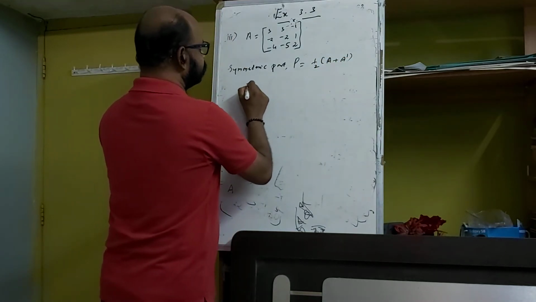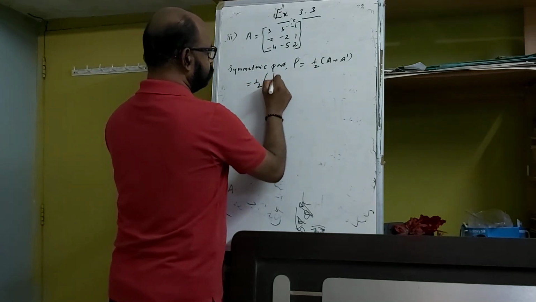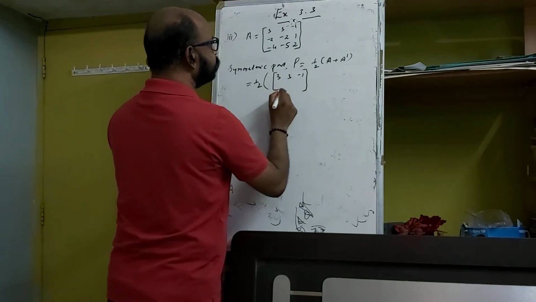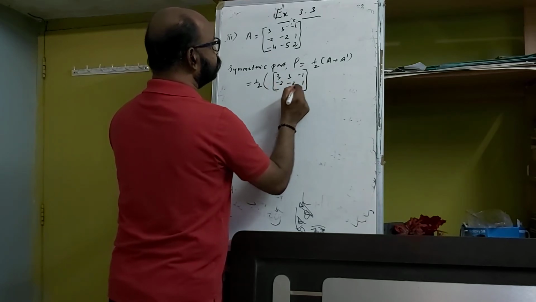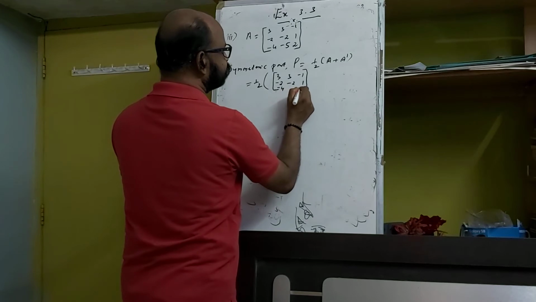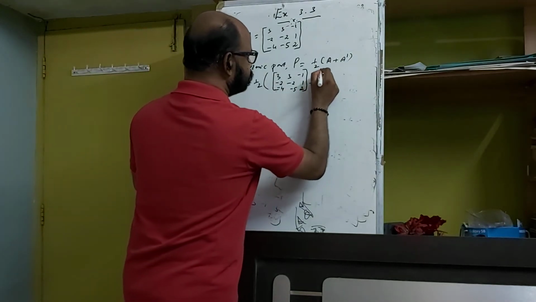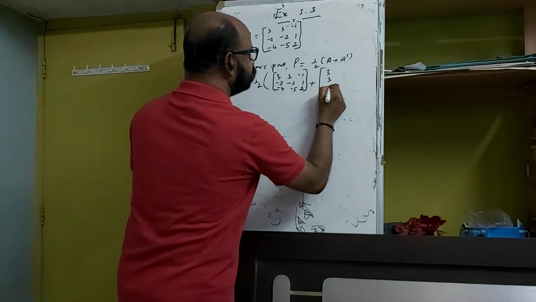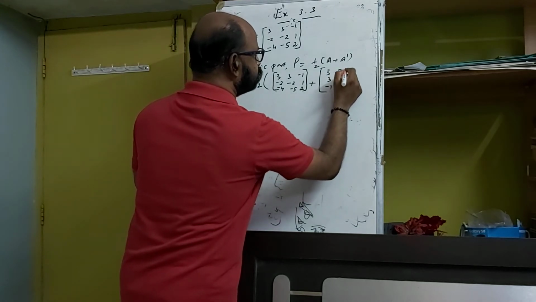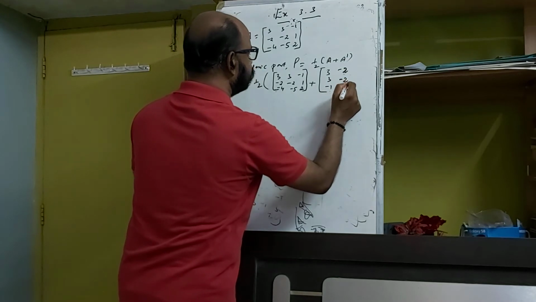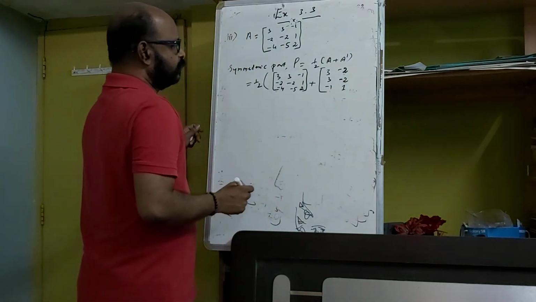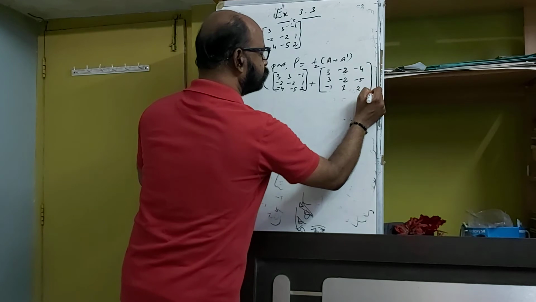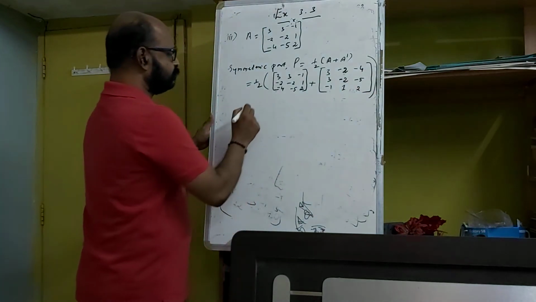That is equal to half into matrix 3, 3, minus 1, minus 2, minus 2, 1, minus 4, minus 5, 2, plus A transpose, the matrix obtained by writing the first row as the first column: 3, minus 2, minus 4, 3, minus 2, minus 5, minus 1, 1, 2.